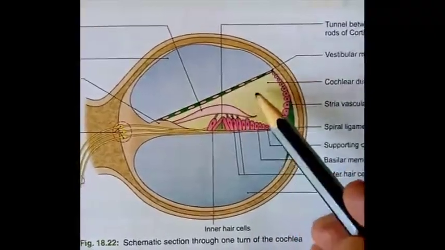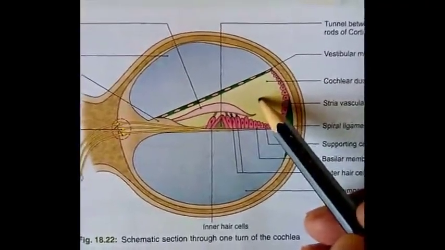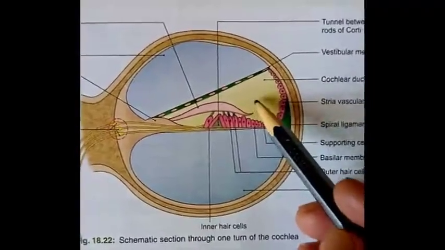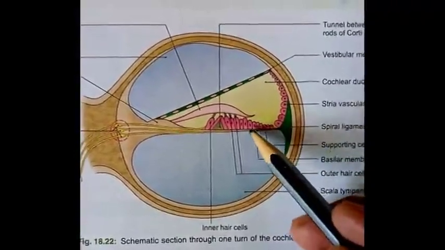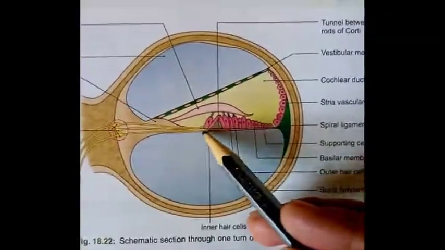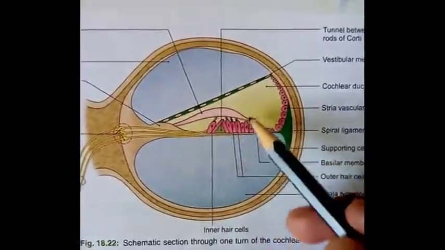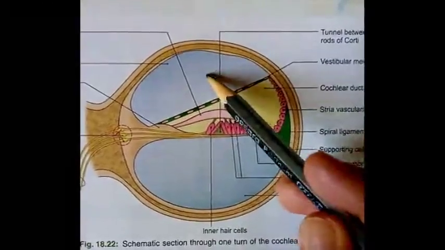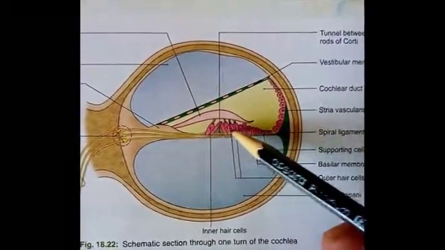Then these get transferred to the endolymph present in this cavity, scala media. Then it makes the basilar membrane vibrate. Different parts of the organ of Corti are stimulated by different frequencies of sound, and the loudness of the sound depends upon the amplitude of vibration. So in this way, sound waves travel from perilymph to endolymph, then to the basilar membrane, then stimulate the organ of Corti.